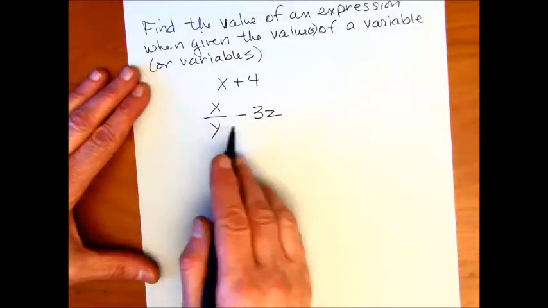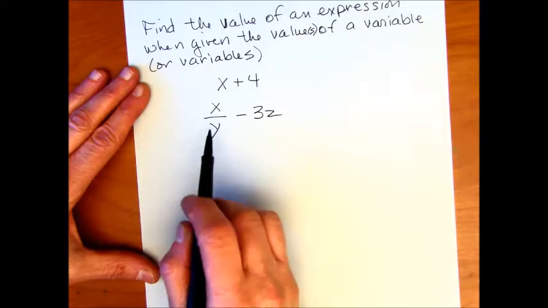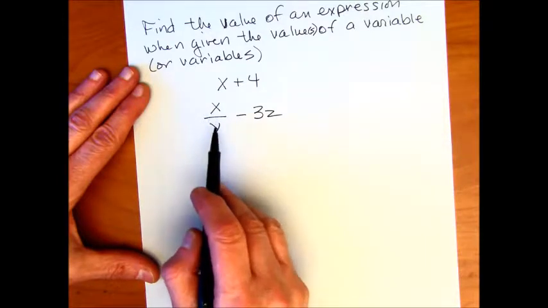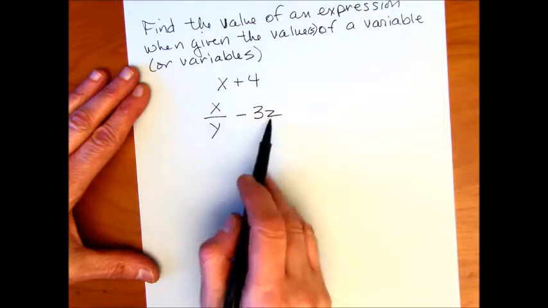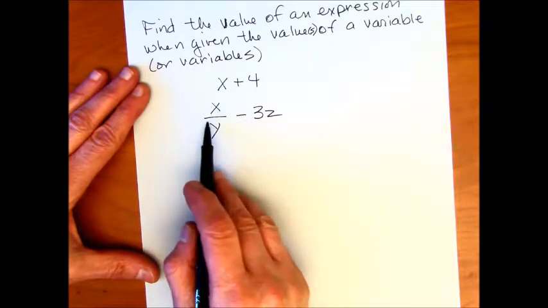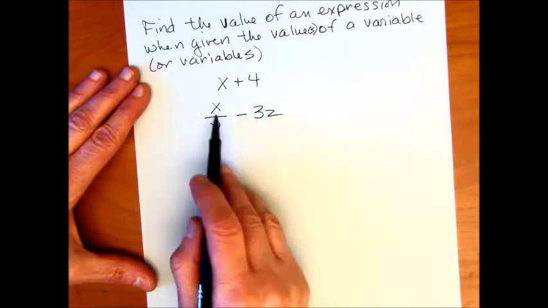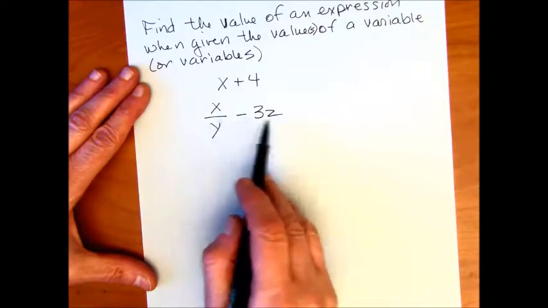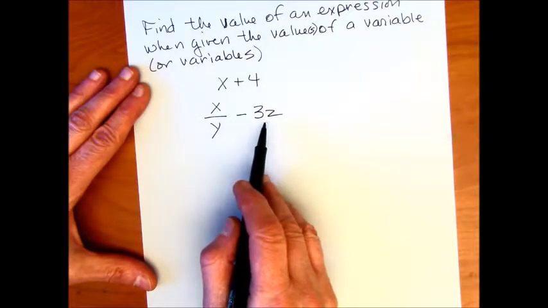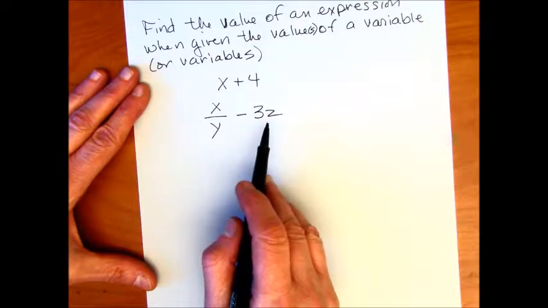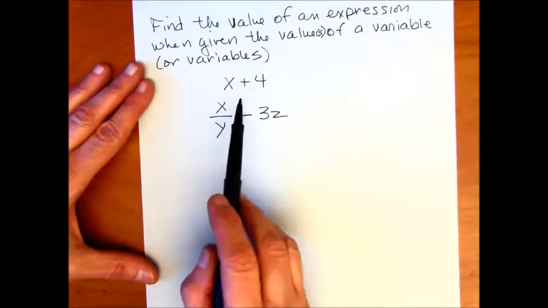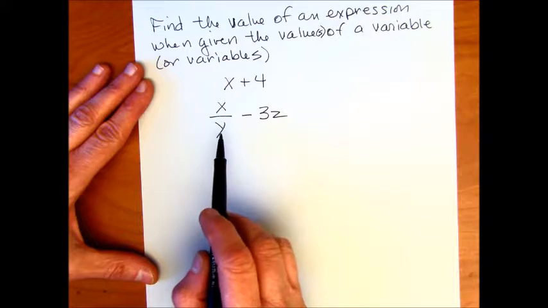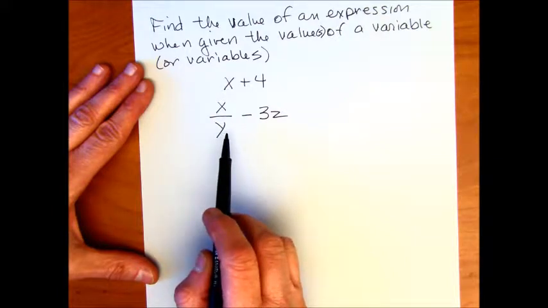There's no equal sign, but if we were to find out what the values of these letters, or variables, were, and then follow order of operations and simplify, we would know the value of this expression. Both of these are examples of expressions.